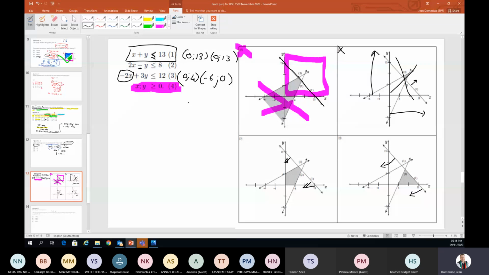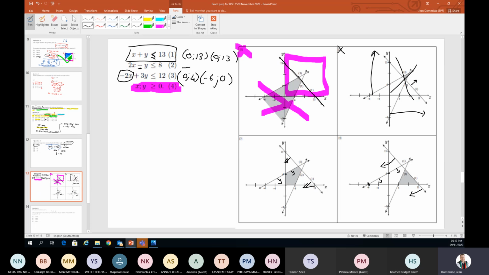So let's look for x 0, y 4, and x -6, y 0. Okay, so that is my line 3, and they tell me it's smaller than. Unfortunately both of them are still in play, because it can be option 3, it can be option 4. So both of them are still in play.